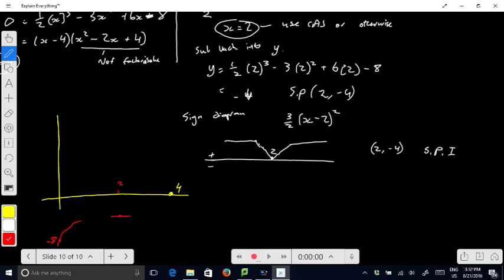So connecting the dots, or our key points, we get something that looks like that. So not very well drawn, but basic shape. So that's how we would sketch the graph.